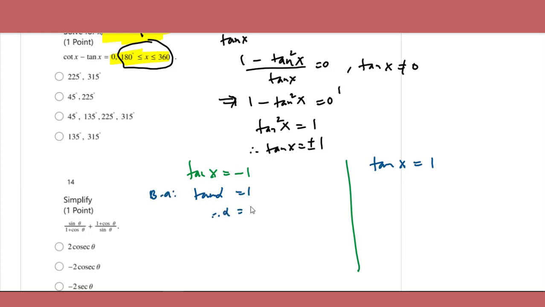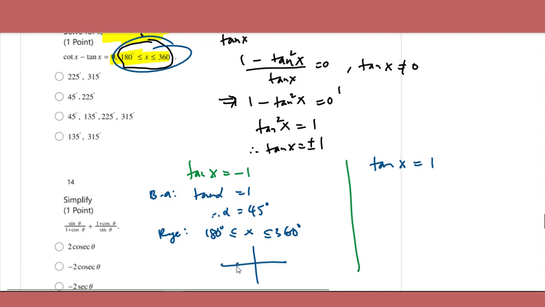Therefore alpha is equal to 45. The given range is x lies between 180 and 360, measured from here to 360 in the positive anti-clockwise direction.